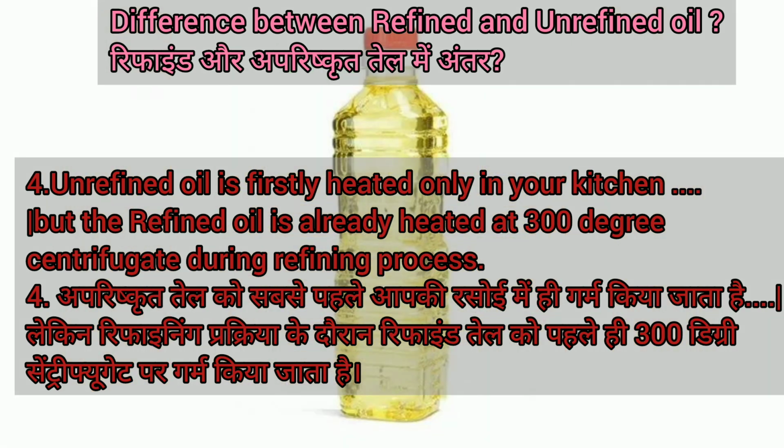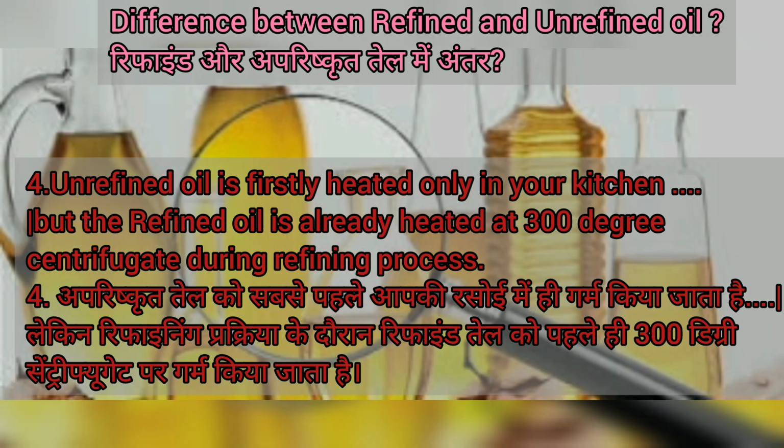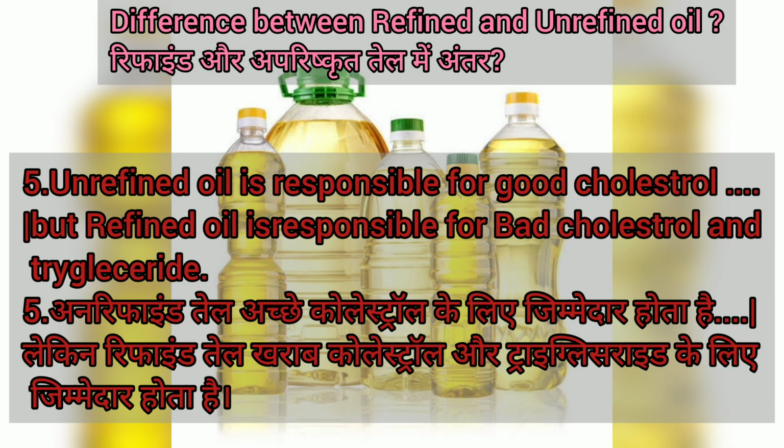The next one is that unrefined oil is heated first only in your kitchen, but on the other hand refined oil is already heated at 300 degrees in a centrifuge during the refining process.